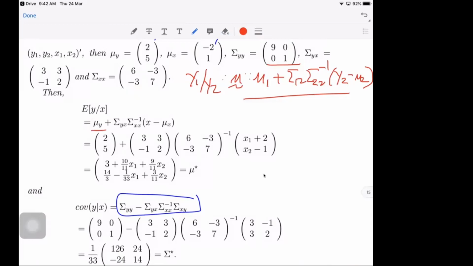So in subdividing our v, it is y1, y2, and then x1, x2. So the mean of that will be the mean of y. So this is your mean of y, and this is your mean of x.